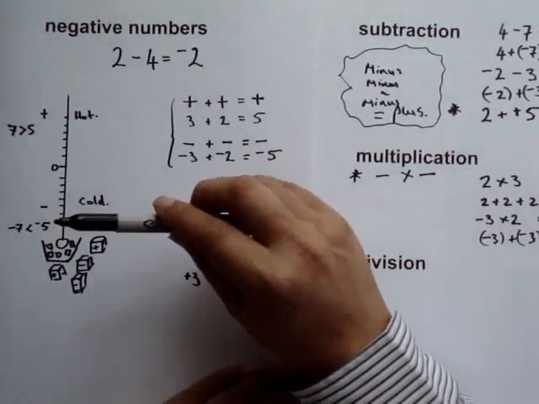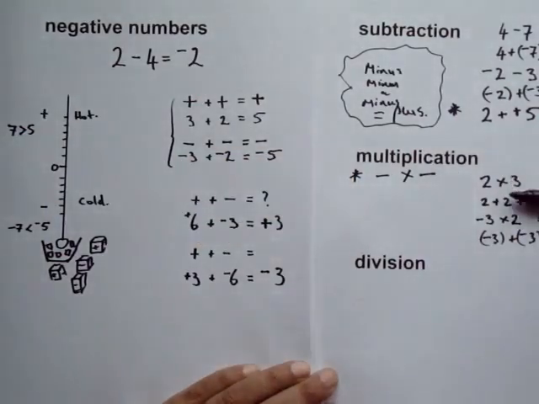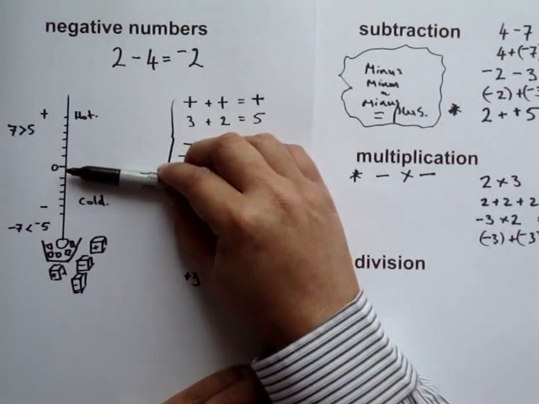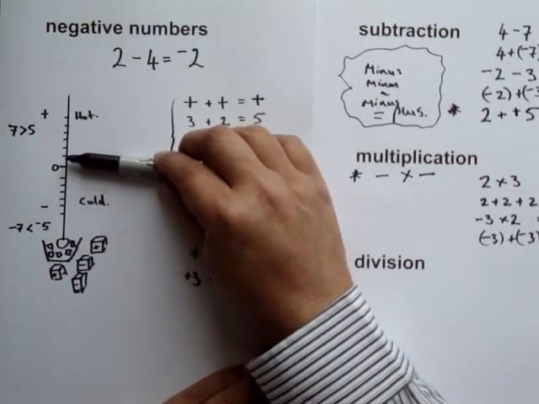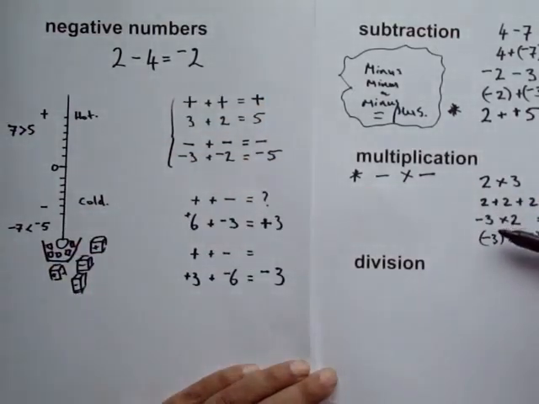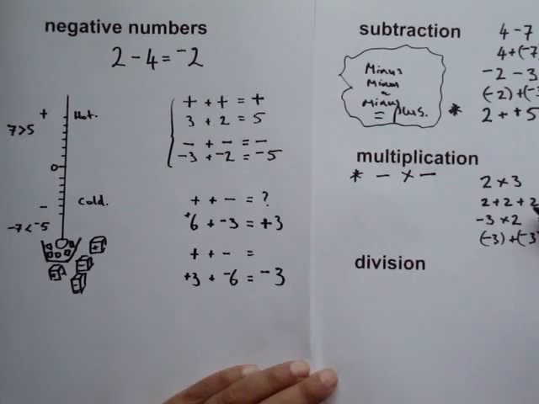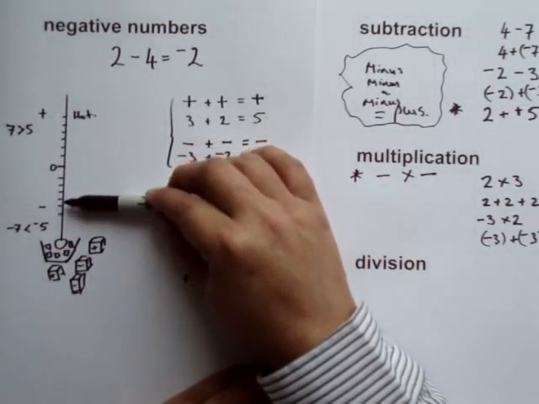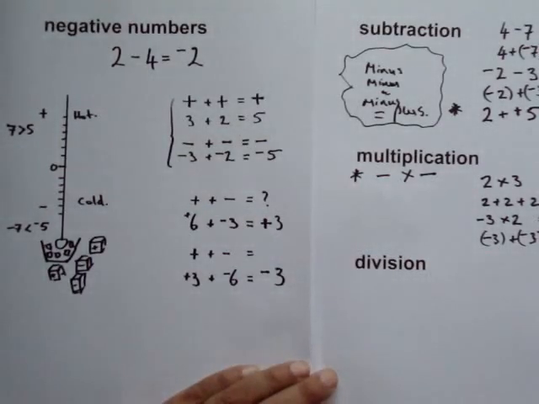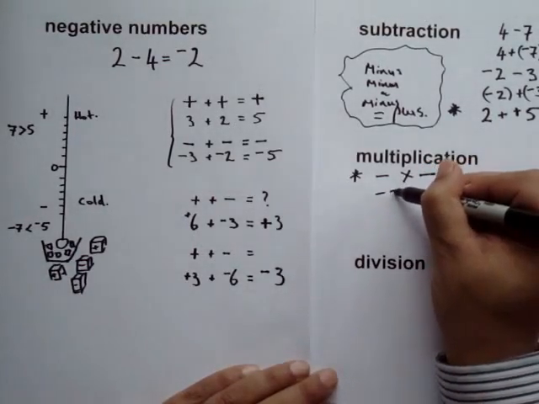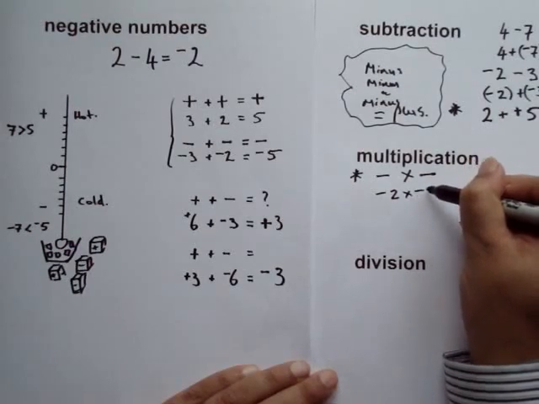Now let's look at what we were doing in these cases. 2 times 3, we were going 2, add 2, add 2 to give you 6. Minus 3 times 2, we were going minus 3, add another minus 3, minus 6. So what would happen if we had a minus 2 times a minus 3?